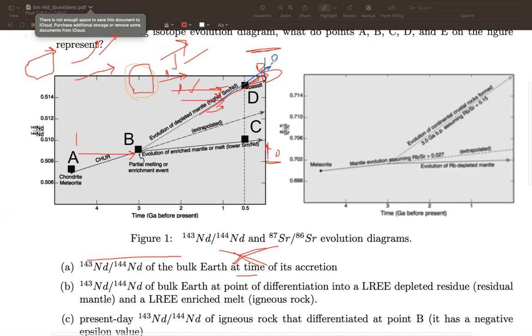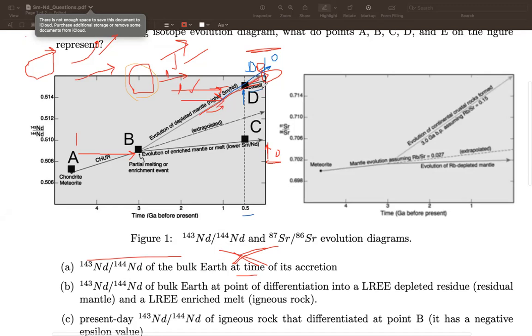So D refers here. So D should be here, right? Because at this particular point, that means about 500 million years, 0.5 Ga, there has been an event. There has been an event recorded in this diagram where a basalt has been formed.